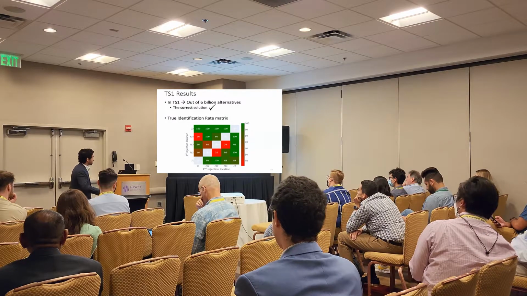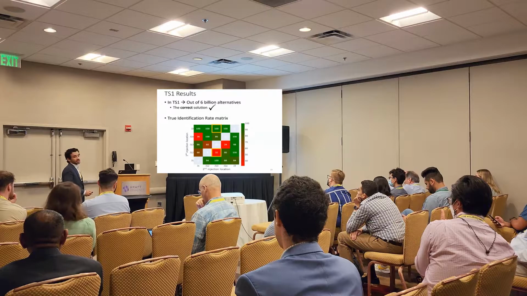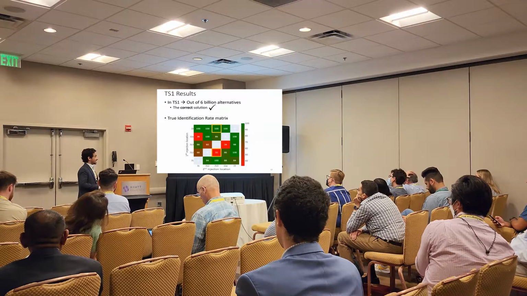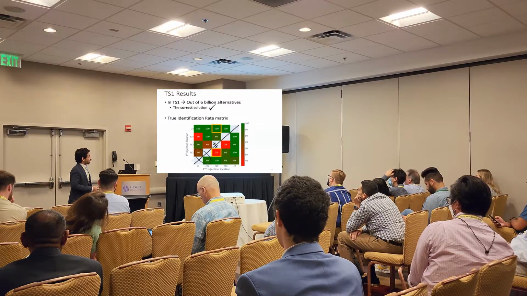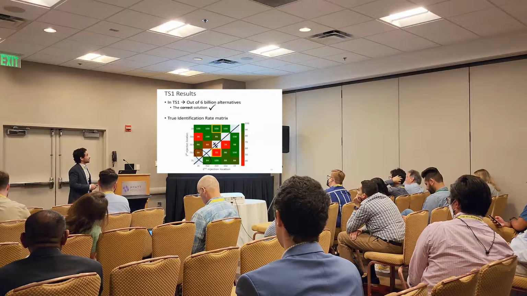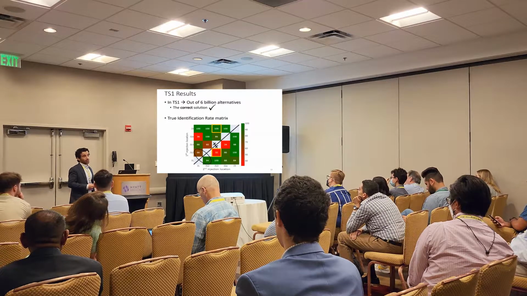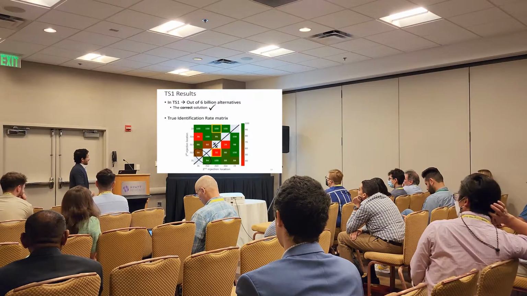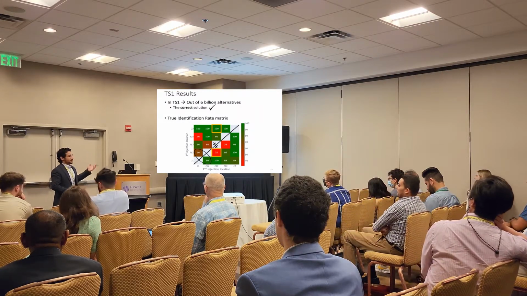The interesting thing was that the true identification rate can be as high as 100% and as low as 32%. Also, this matrix is asymmetric, which means that the true identification rate of the pair J12 and J1 is not the same as J1 and J12. And actually there's a reason for that.